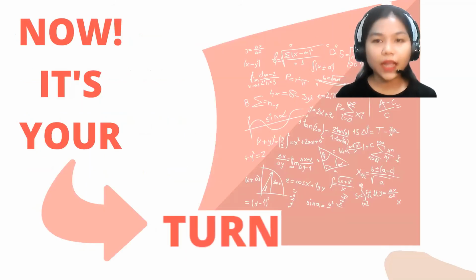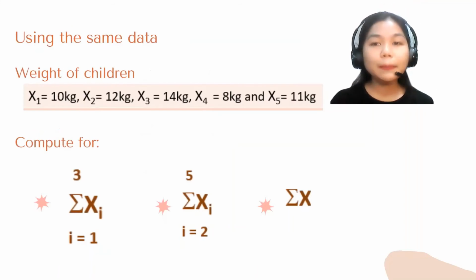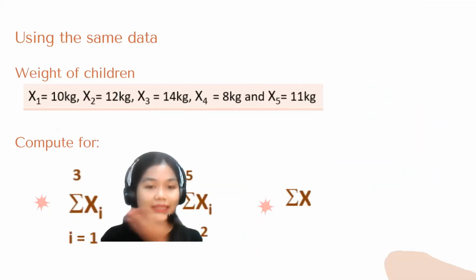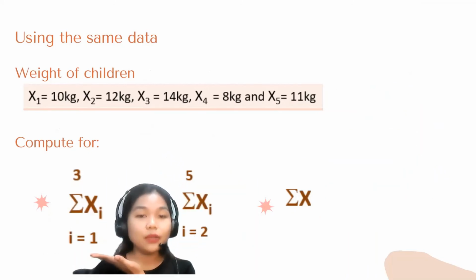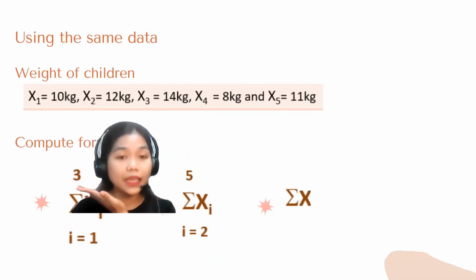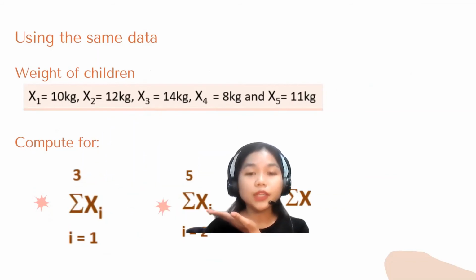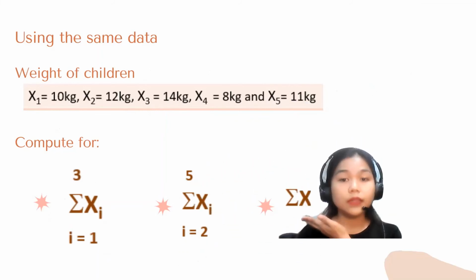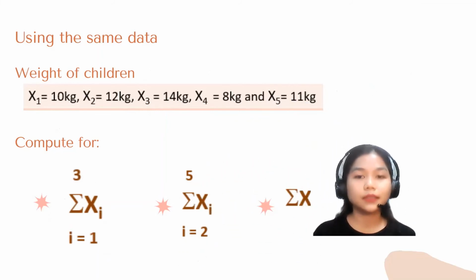Now, it's your turn. I want you to compute this one. Using the same data, try computing the summation of xi from i equals 1 to 3, the summation of xi from i equals 2 to 5, and the summation of x.